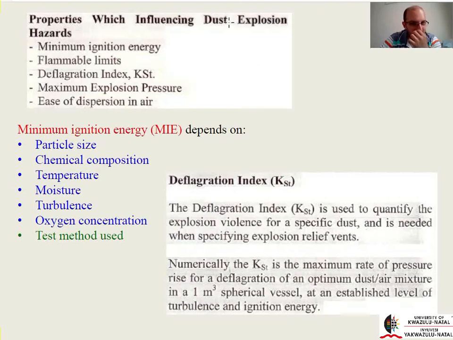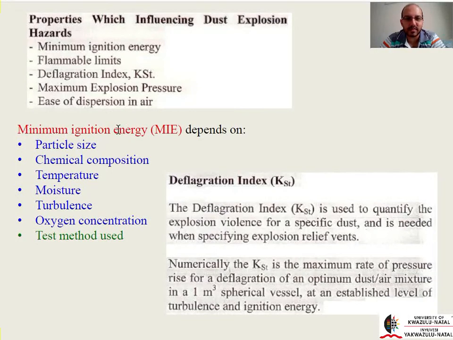So the properties which influence the explosion hazard are the minimum ignition energy, flammability limits, the deflagration index, as well as the explosion pressure and ease of dispersion in the air.